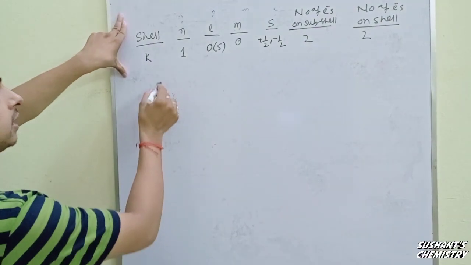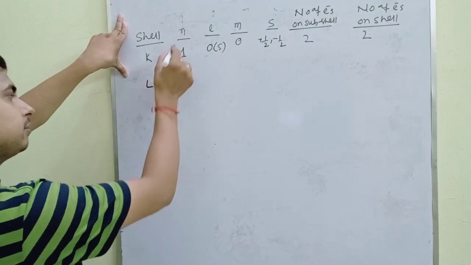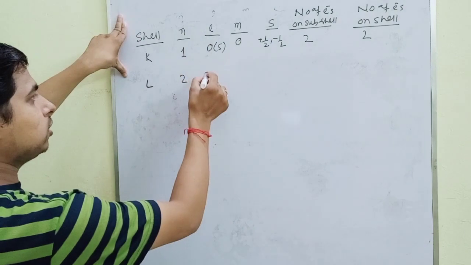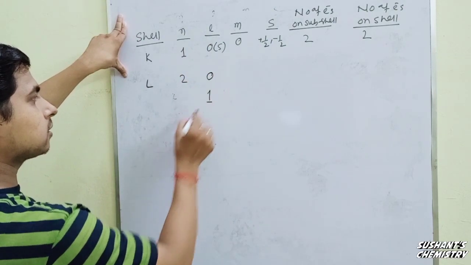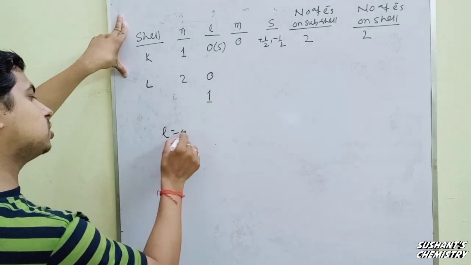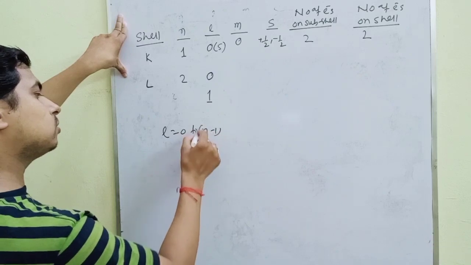Similarly, for L cell, the value of n is equal to 2, L value becomes 0 and 1, by applying the L equal to 0 to n minus 1 rule.